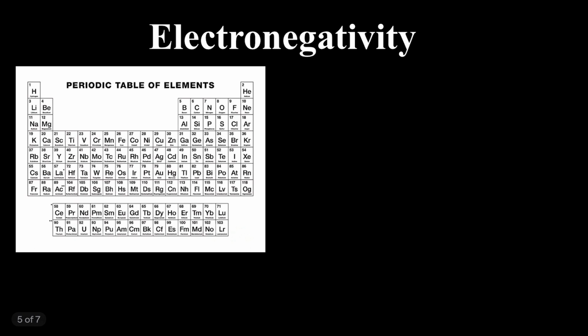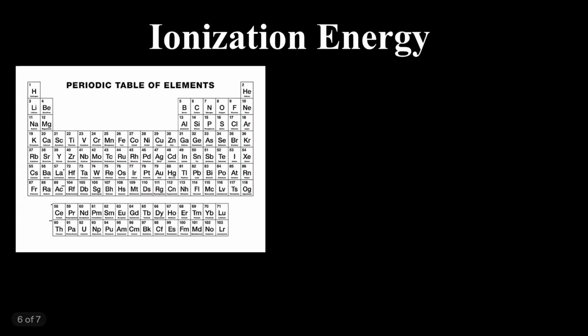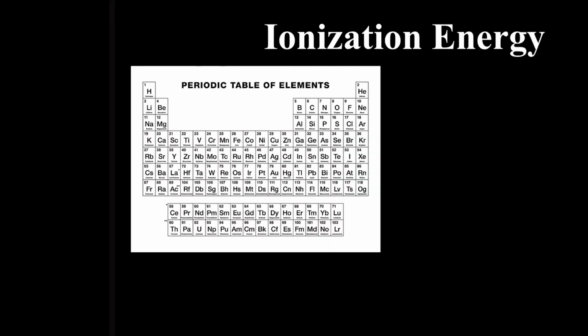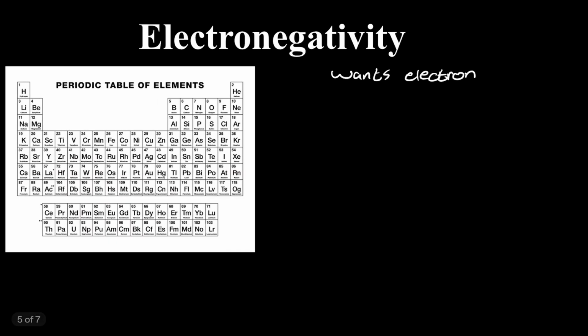Okay, now I'm going to go to electronegativity. Electronegativity is the attraction to an electron, so how much an atom wants an electron. We're gaining electrons. This is not like ionization energy, where you're losing one. I'll get to that in a bit. But electronegativity is where you want an electron.